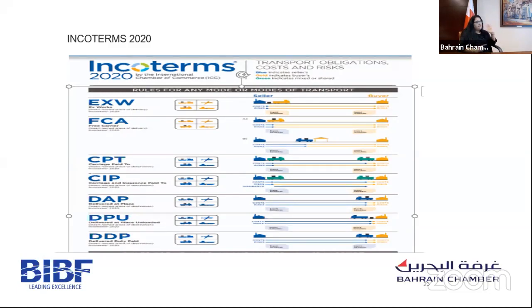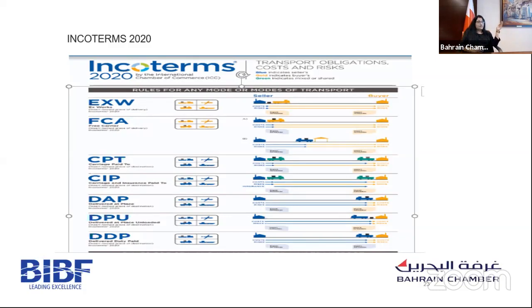There are 11 Incoterms. The Incoterms are classified based on the mode of transport. When you are going to export your goods, for example, from Bahrain to UK, you can use either the sea route or the air route, right? Let's take the example of Alba.